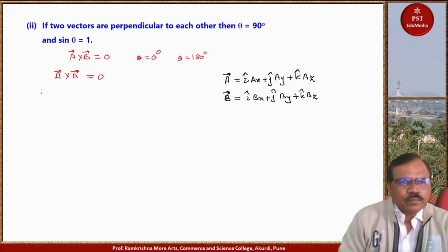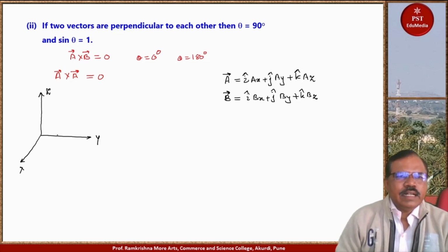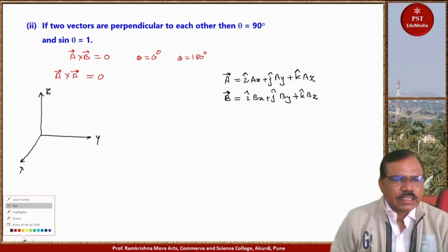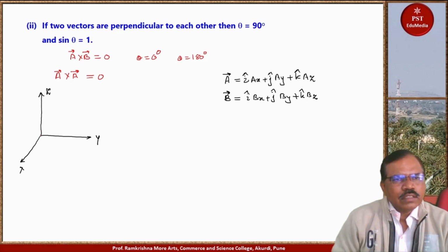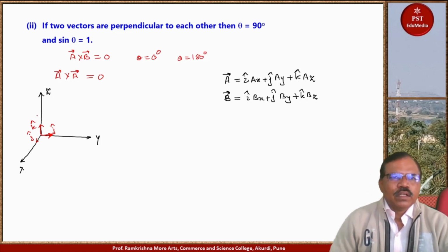Means here we have three-dimensional rectangular coordinate system. This is x-axis, this is y-axis, this is z-axis, and we have three unit vectors. So along this we have unit vector i, along this we have unit vector j, and along this we have unit vector k. Now these unit vectors are mutually perpendicular to each other.